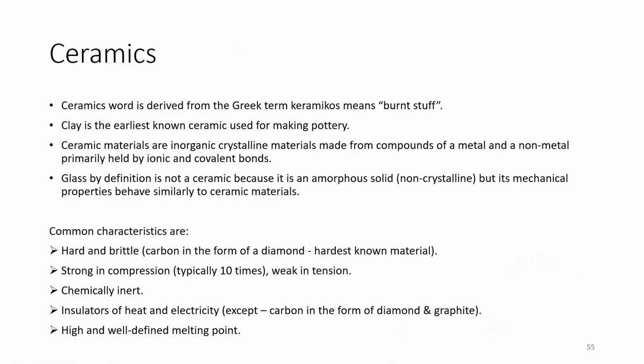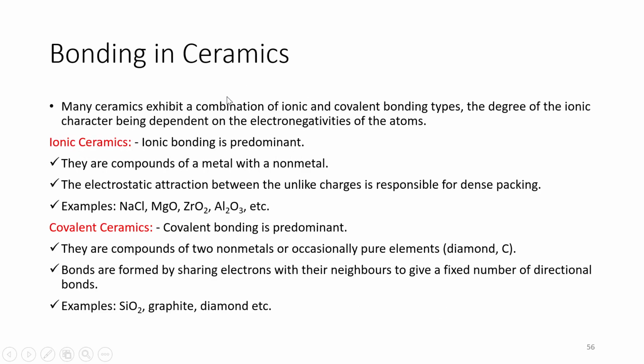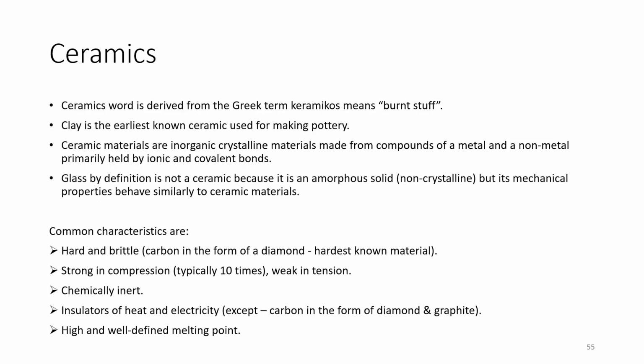Now next is ceramics. The word ceramics is derived from a Greek word which means burnt stuff. So it is oxides, that's why it is called ceramics. Clay is the earliest known ceramic, used for making pottery.